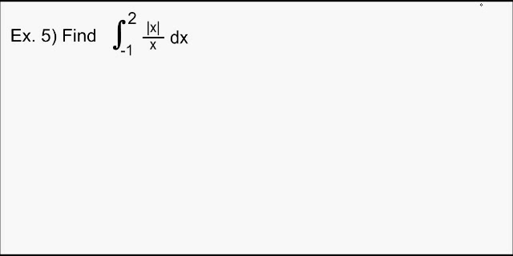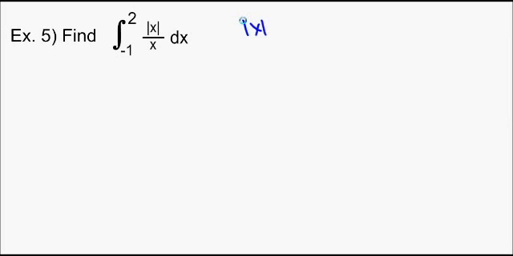Okay, moving on. We are going to integrate from -1 to 2 the function absolute value of x divided by x dx. And if you remember from earlier in this course, the absolute value function is often broken into a piecewise function.